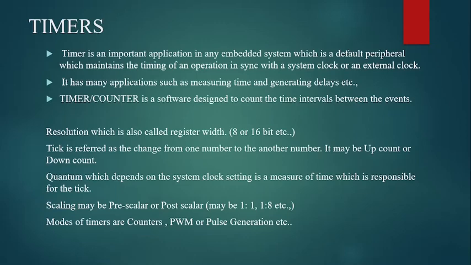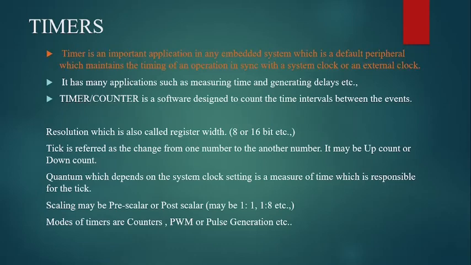Quantum, which depends on the system clock setting, is a measure of time which is responsible for the tick. Scaling may be prescaler or postscaler. Modes of timers or counters: PWM or pulse generation, etc.